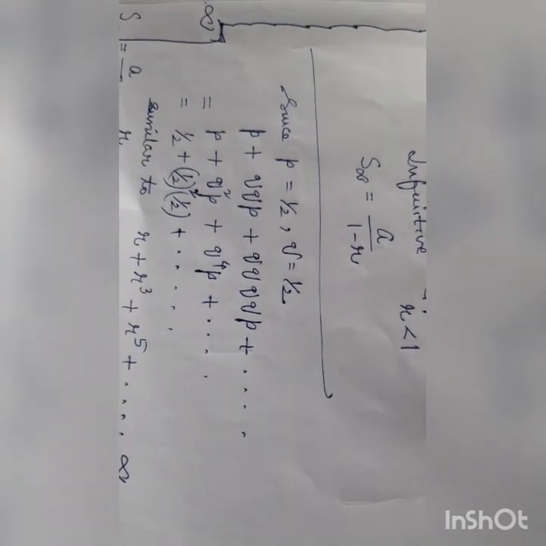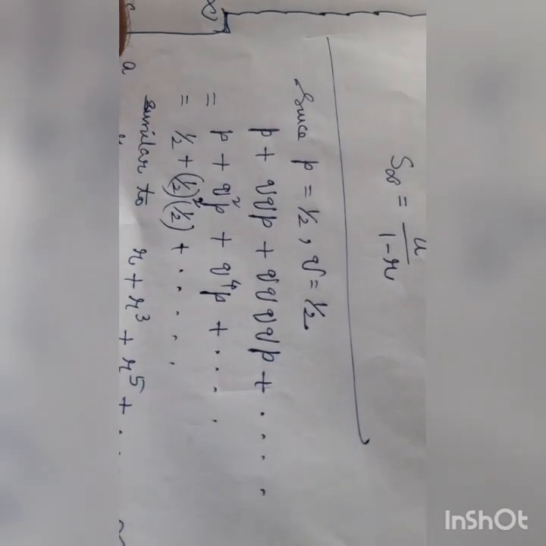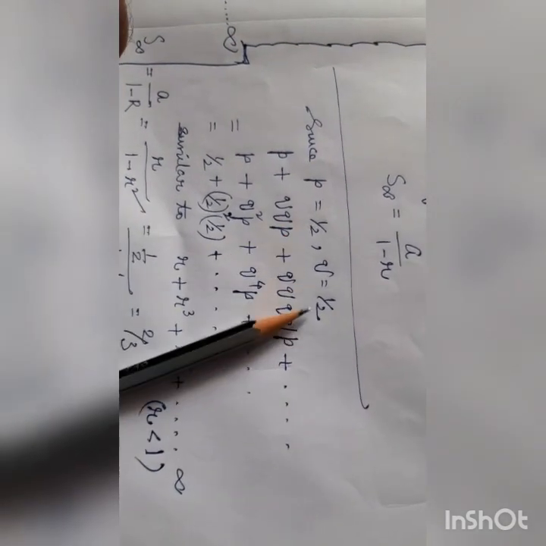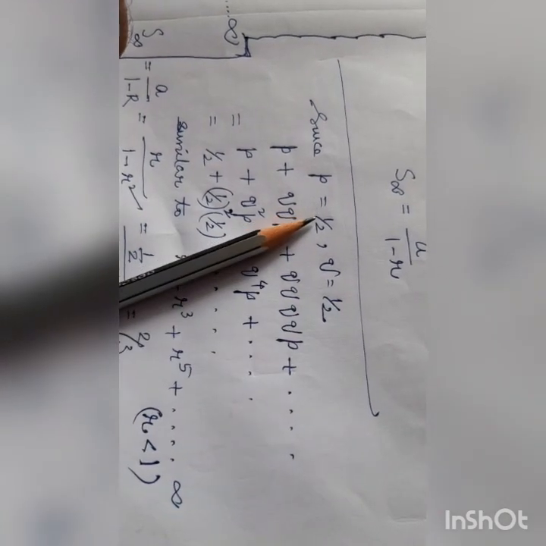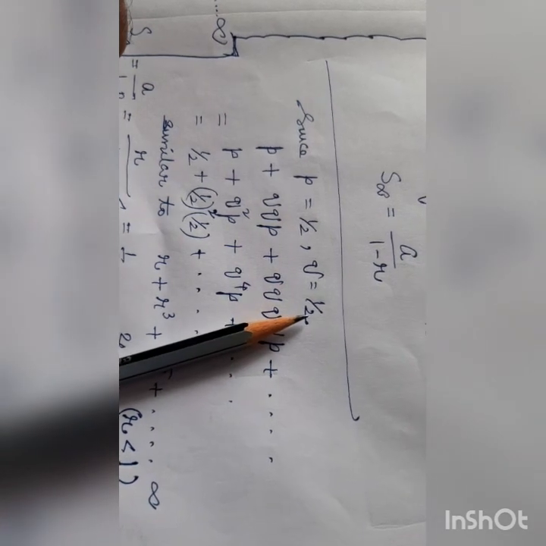Since P equals 1 by 2, Q equals 1 by 2. P means turns up head 1 by 2. Turns up tail 1 by 2.